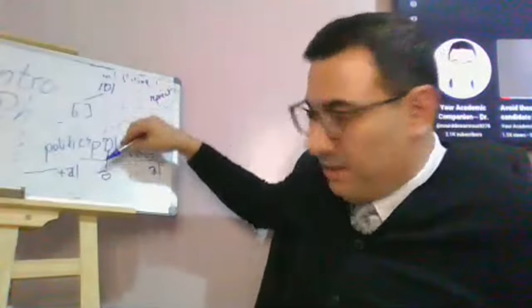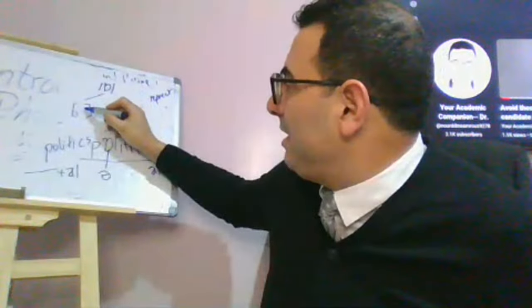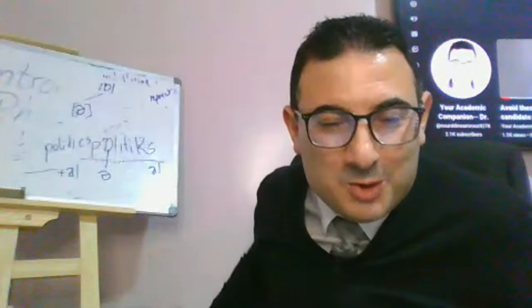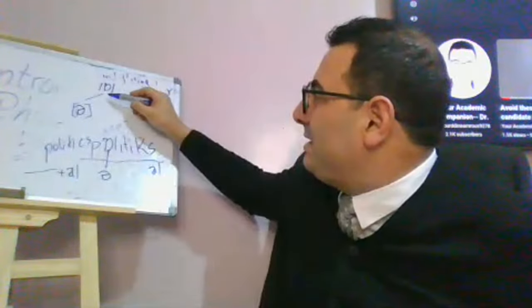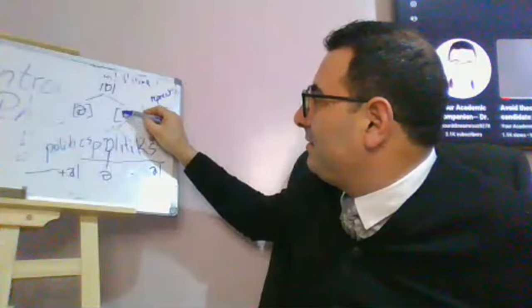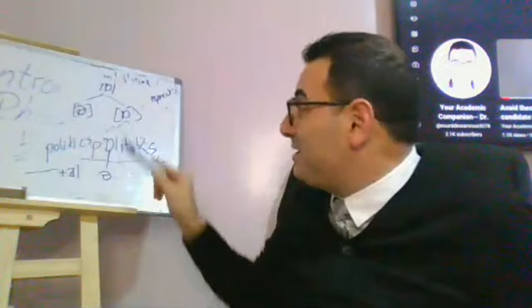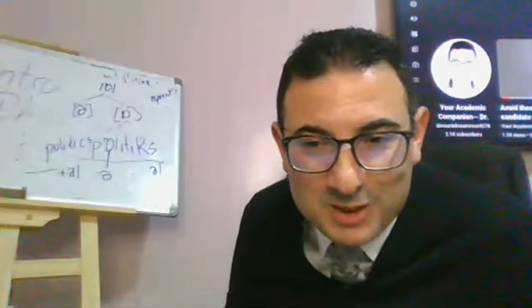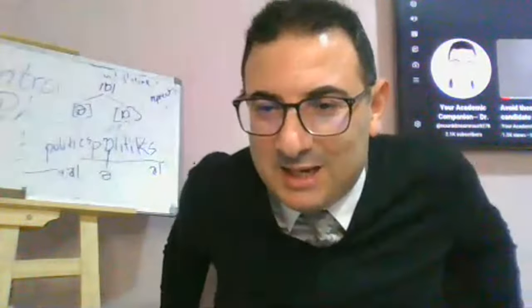So this a here, given this example, is realized as an e sound when the syllable is not stressed, and it is realized as an a in other contexts elsewhere. So we say that e and a in the context of stress are allophones of the same phoneme. They are variants of the same phoneme. Natalie, have you got the point?